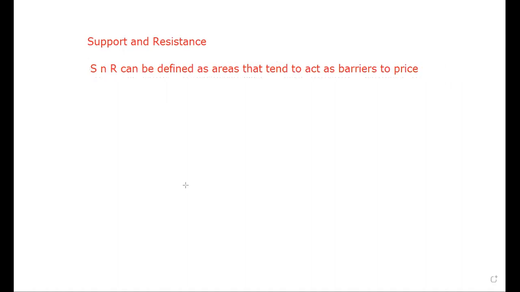Now, for those that have taken their time to look at how price moves, maybe you've been studying price, you notice that price has been going up nicely. Now, all of a sudden, it gets to a point and price is falling. Someone will ask: what made price fall at this point?